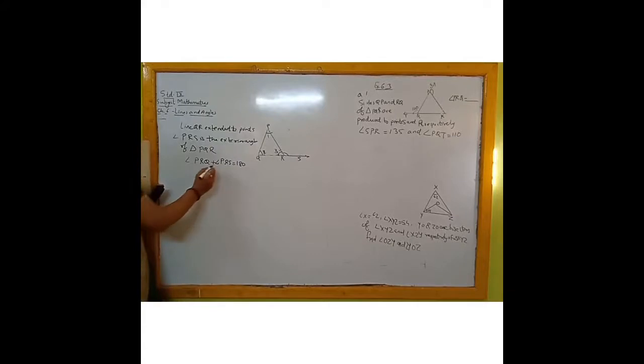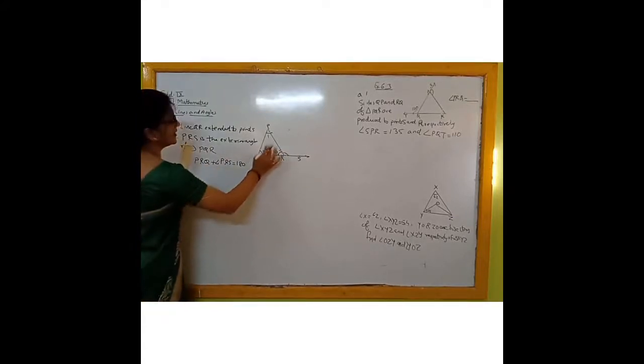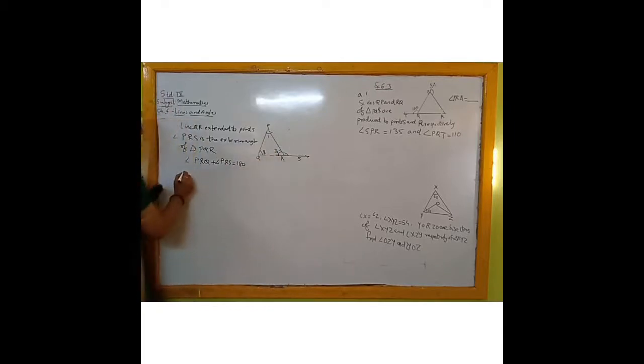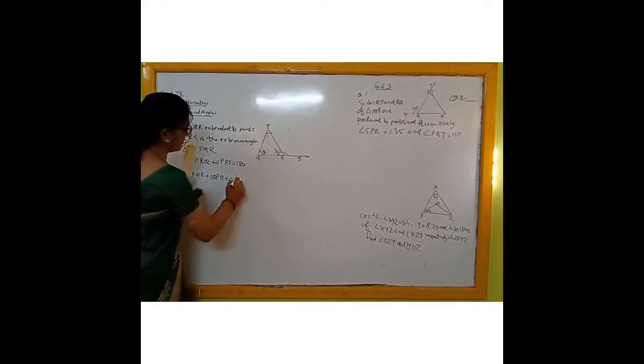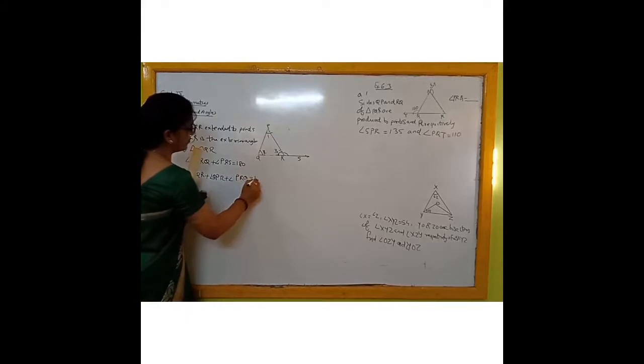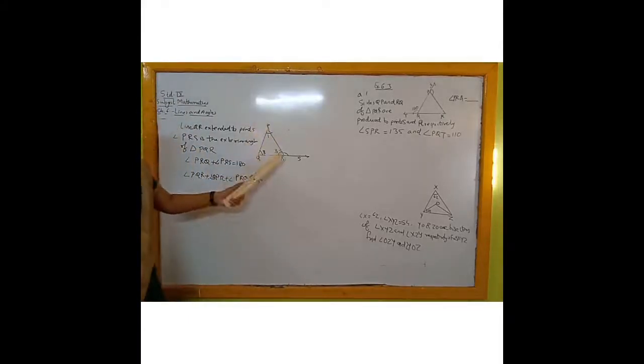PRQ is angle 3 and PRS is the exterior angle. But we have seen that angle PQR plus angle QPR plus angle PRQ is equal to 180. Why?